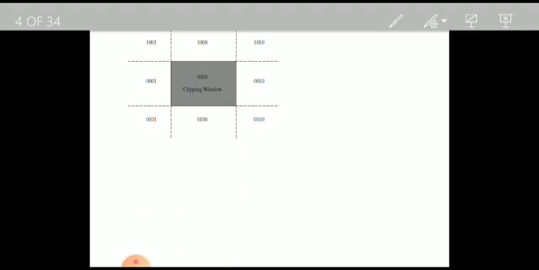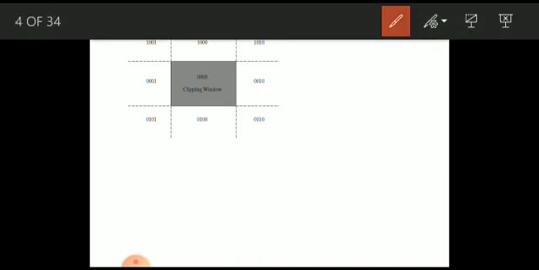If you look at this figure, the region codes are given for the regions that surround the clipping window, and the region code for the clipping window itself is all zeros, that is 4 zeros.